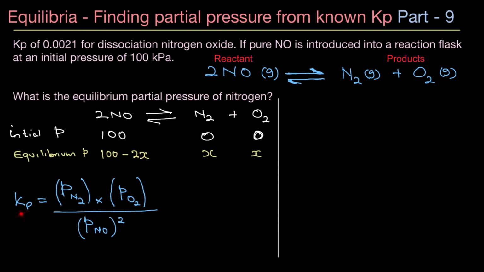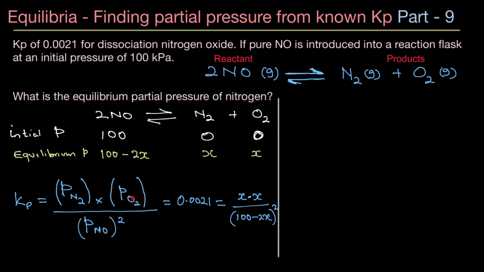And we know the value of Kp is 0.0021, and that will equal the partial pressure of nitrogen, that will be X times X, over 100 minus 2x all squared.